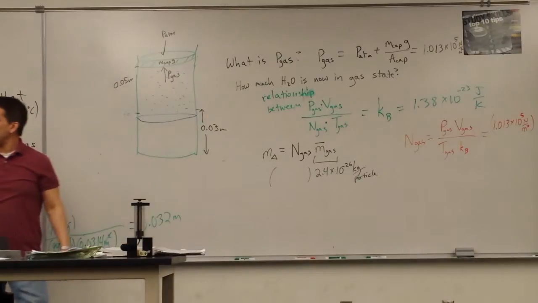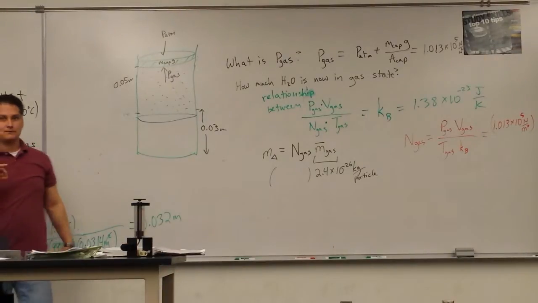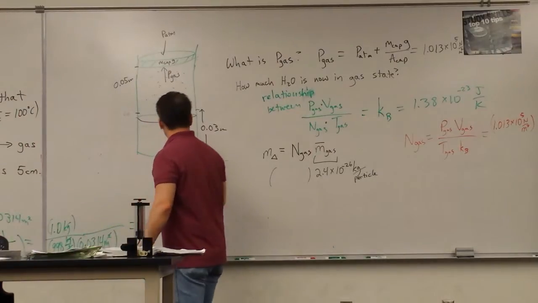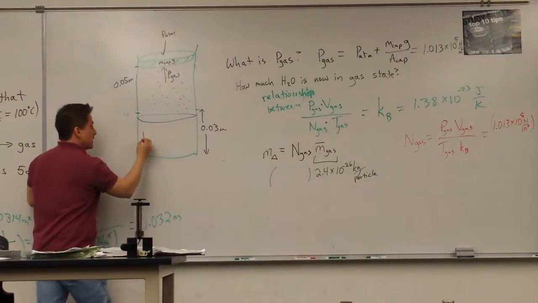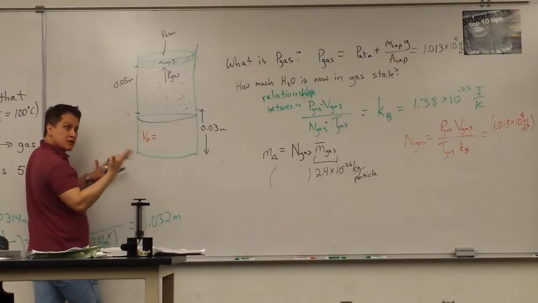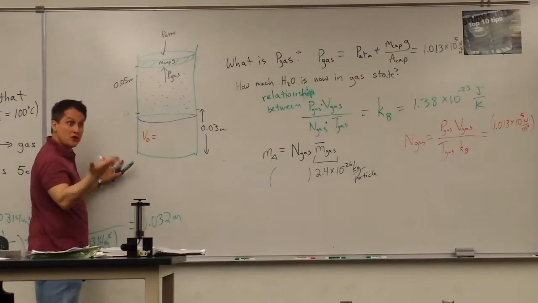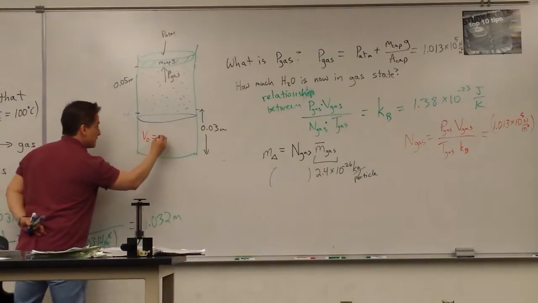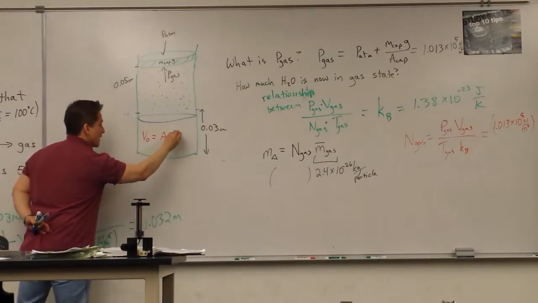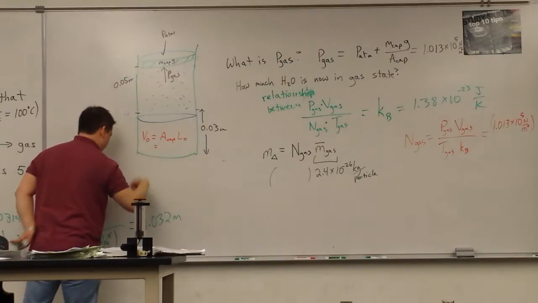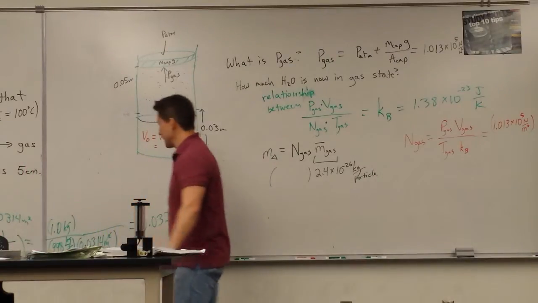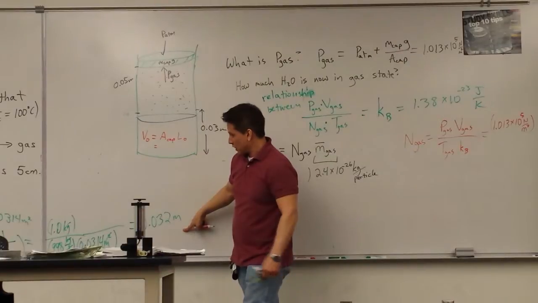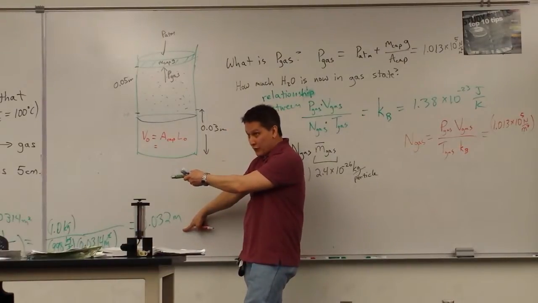So what was the initial volume of the water? What was V naught? Did we calculate that at any point? I think we did. V naught, we said was, well, it's surface area times L naught. It's A cap times L naught. And that should be about, well, that was the 0.032 times 0.0134 meters squared.